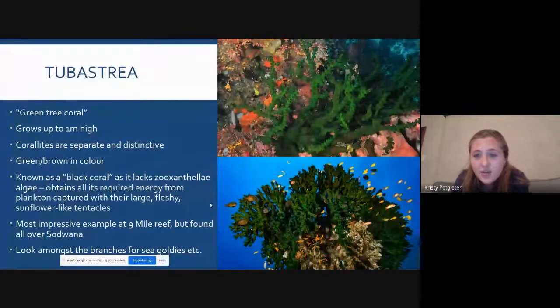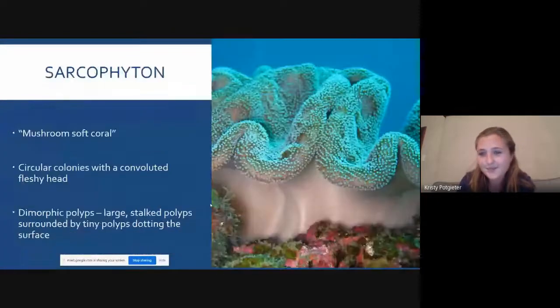They just don't grow very big anywhere else for some reason. So 9 Mile Reef is a very impressive colony of this species, which is pretty cool. But yes, if you did really want to see them, you would probably find them elsewhere on 2 Mile Reef and around the place as well, but obviously just a lot smaller in size.